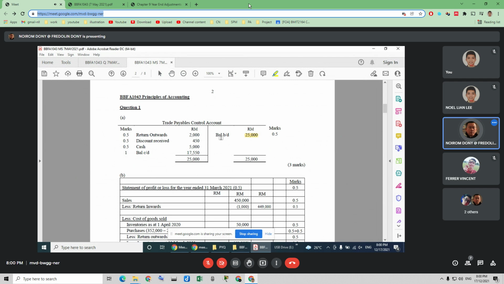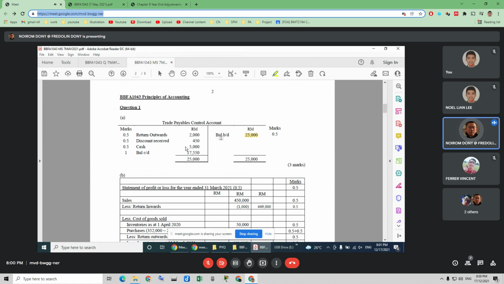Meaning the business returned the goods of 2,000, but did not record it in the books. That is the meaning. So what is the effect of return outward? Meaning the business returned the goods to the supplier, so it reduced the liability, isn't it?